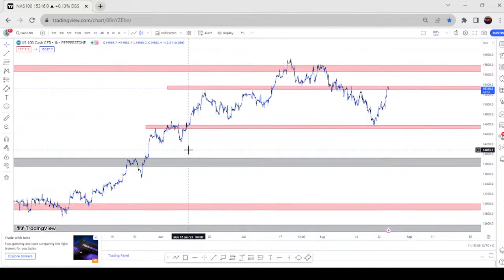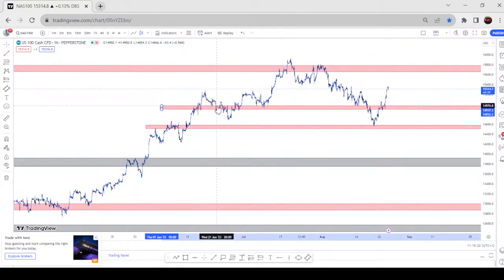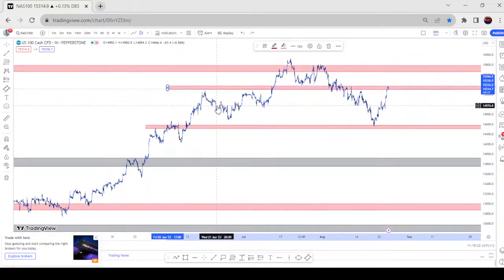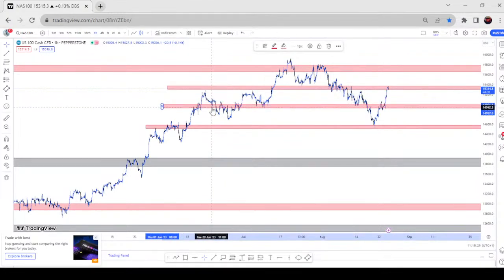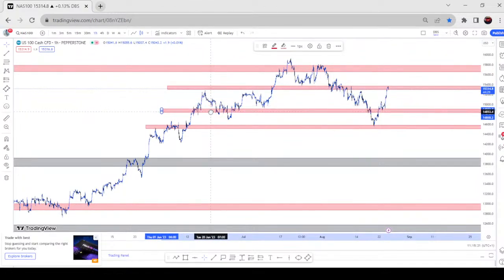So in between here we have another minor level. We have another one. When you press your control down, you select the rectangle, rotate rectangle, it will just follow you and double up.